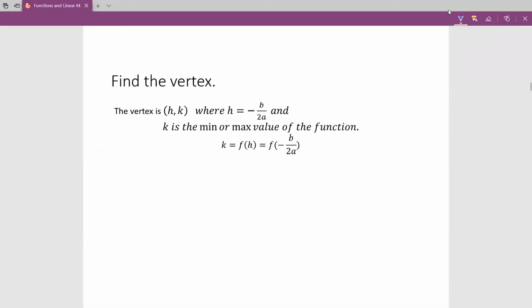And let's find the vertex by substituting h equals minus b over 2a into the quadratic function. Remember, h is equal to minus b over 2a, which is minus 2. So k is equal to f of minus 2.